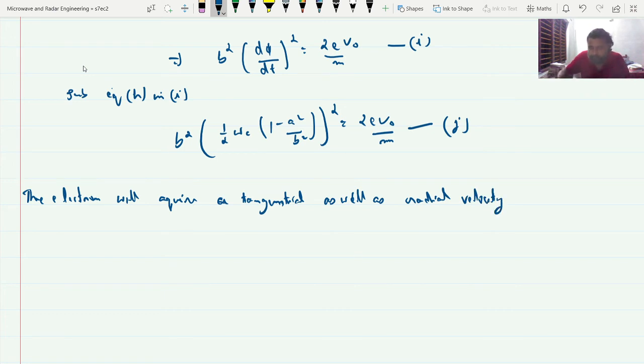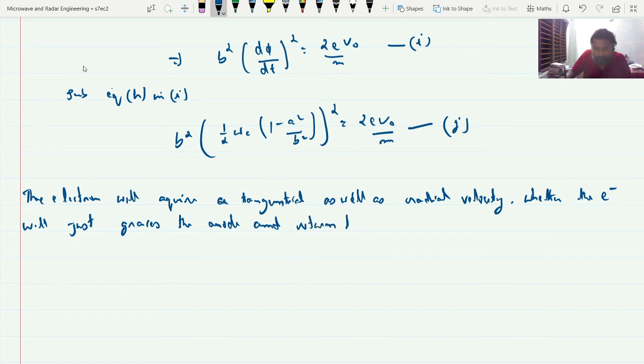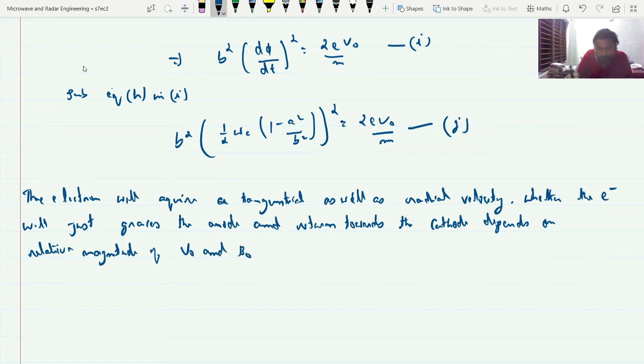Whether the electron will just graze the anode and return towards the cathode depends on the relative magnitude of V naught and B naught.